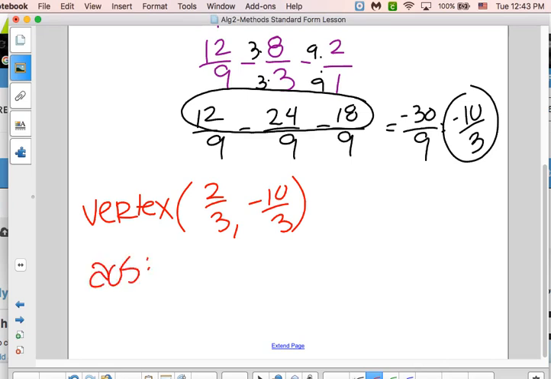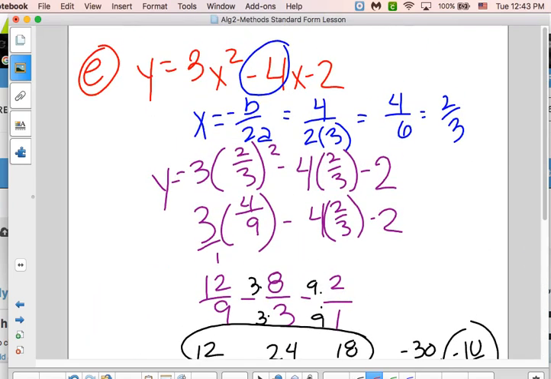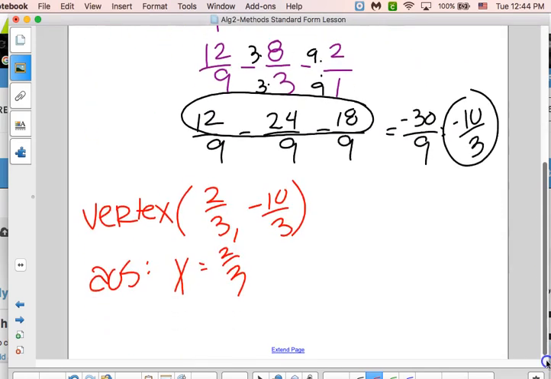For the axis of symmetry, it's always going to be a vertical line. What point does it have to pass through? 2/3. It doesn't even matter. It's just going to be whatever that number is. Going back up to the very beginning, is this parabola opening up or down? With a positive number in front, where is it going to go? Up. So does that have a maximum or a minimum?